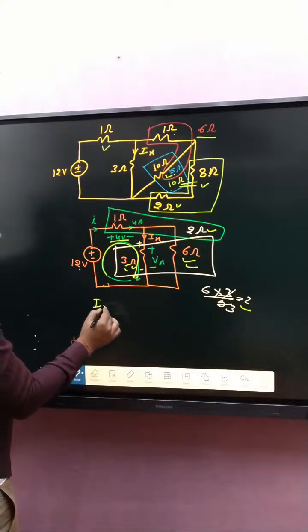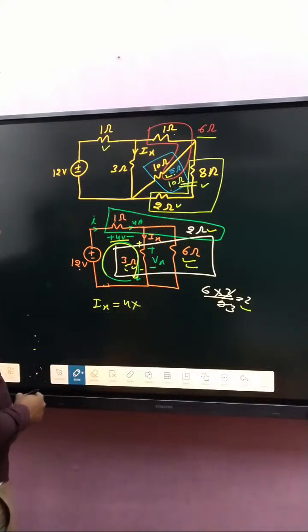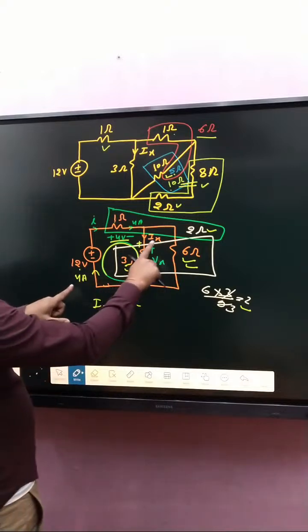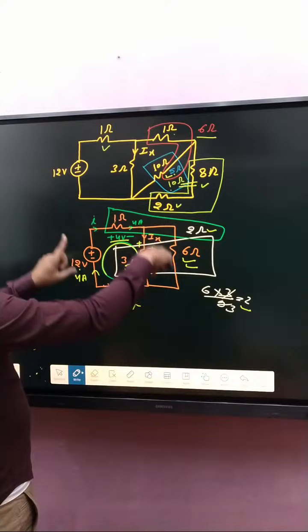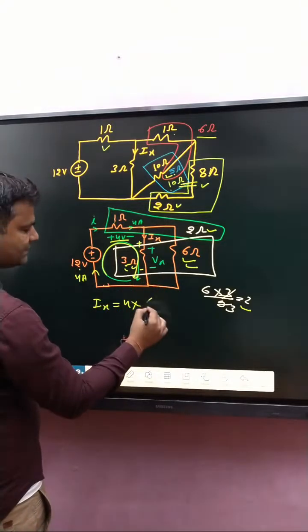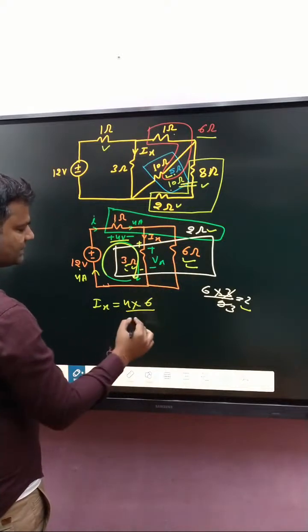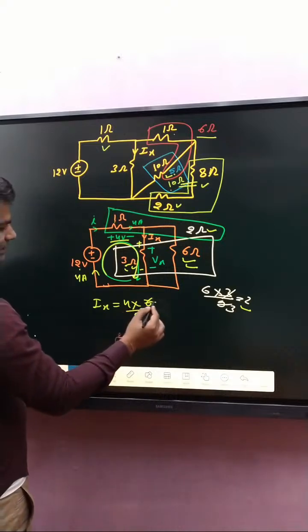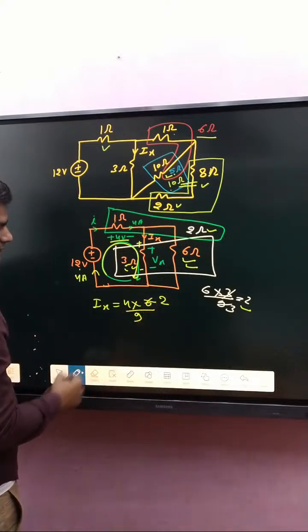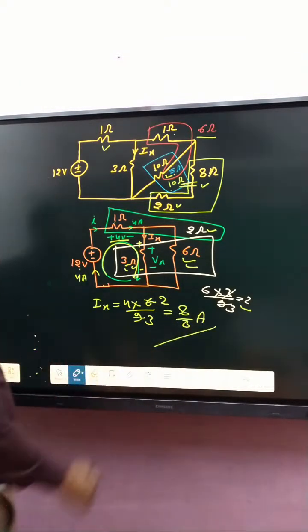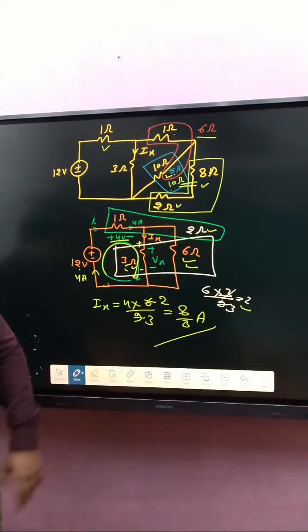If you determine Ix, simply 4 into, here both current directions are opposite, so that's why I written positive 4 into 6 divided by 3 plus 6, that is 9. Then 3 to the 6 divided by 3 gives 8 by 3 ampere. Right answer. So you can use that method also at that step.